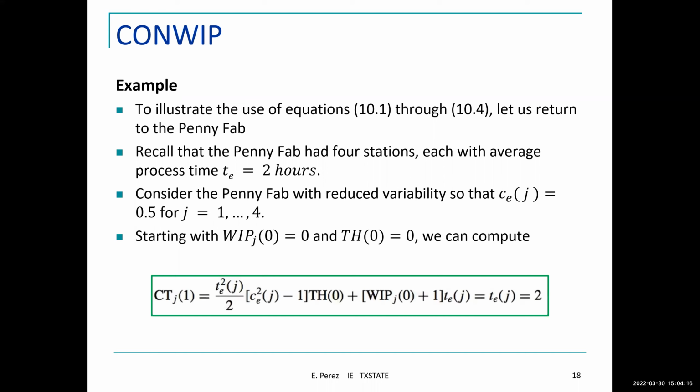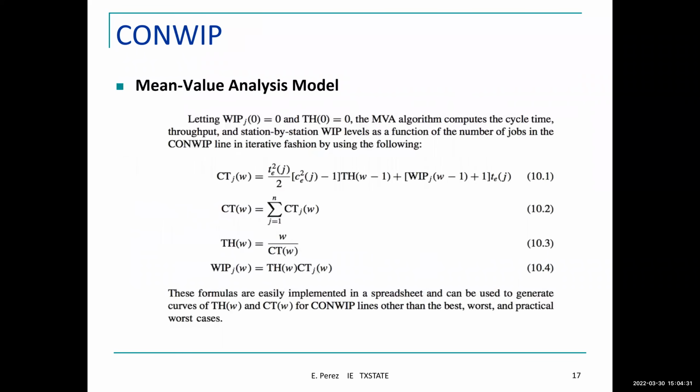So using WIPJ 0 and throughput 0, we can find the cycle time for the line when the WIP is equal to 1. What we are doing here is taking equation 10.1 and substituting the values for throughput at W minus 1. Since we are finding CTJ for 1, W is equal to 1.